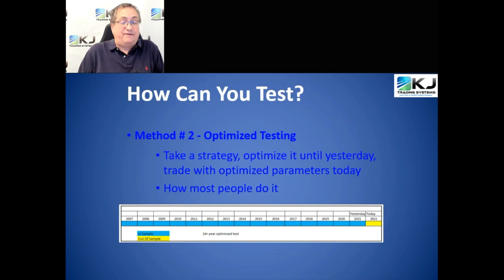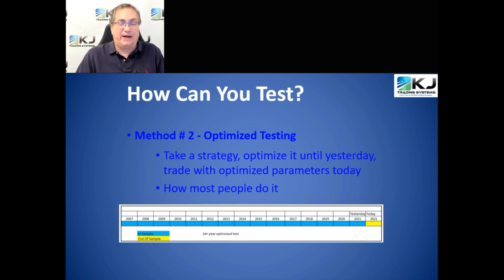Now, there's a lot of different ways to test out there. What most people do is optimize testing, where they take a strategy, they optimize it up until yesterday, and then they use whatever best set of parameters they've got, then start running that today and run it live.